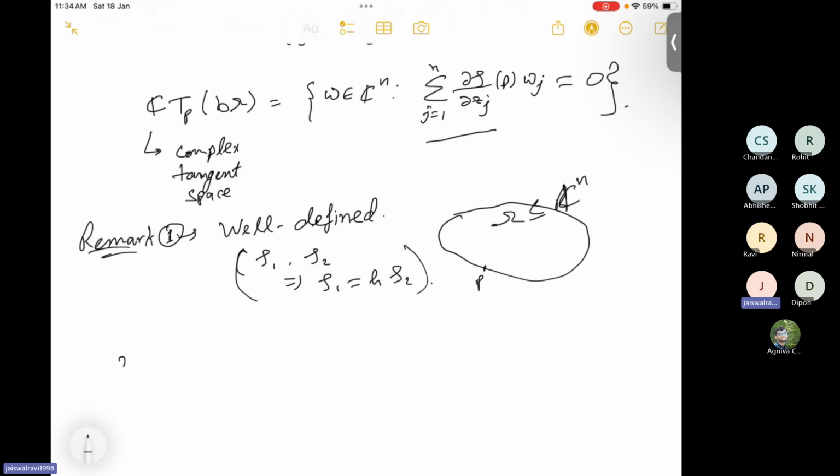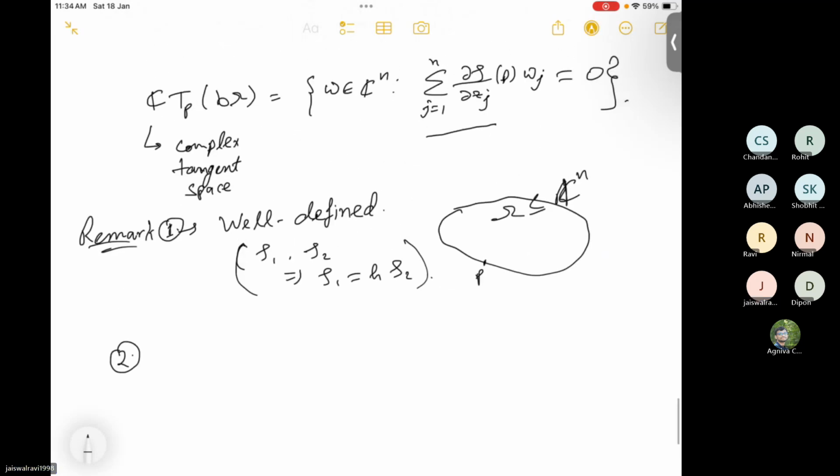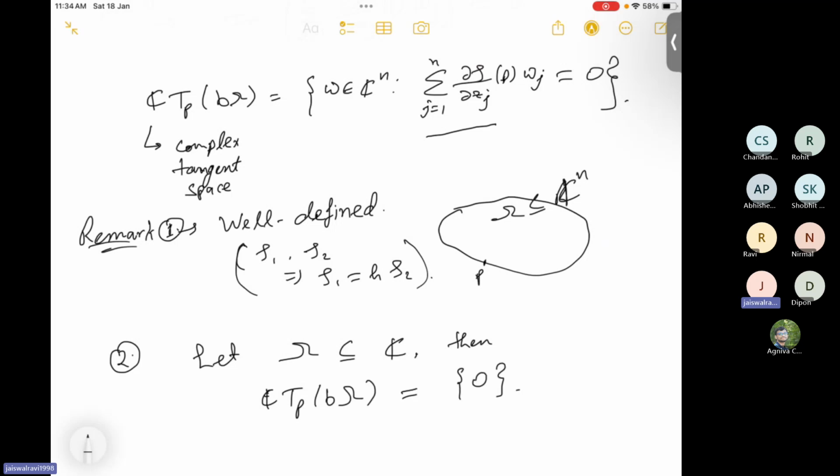And the second remark is, if omega is a subset of C, then you can easily verify by yourself that the complex tangent space at P, a point of boundary omega, is just the zero point. Meaning if omega is a subset of C, then this complex tangent space is just a trivial space.